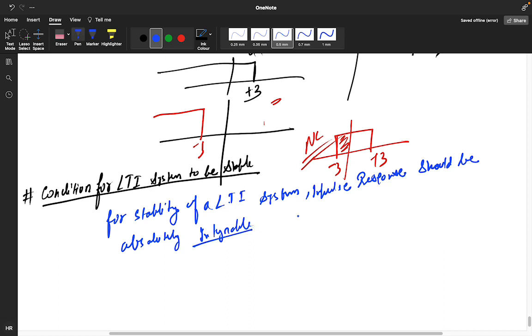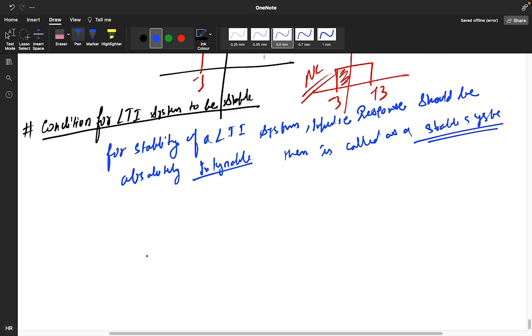Absolutely integrable means you are not getting any infinite value. Then it is called a stable system. So impulse response means you are making your input as delta t.